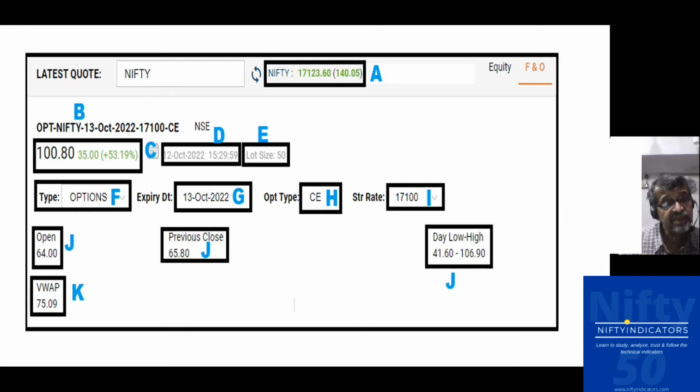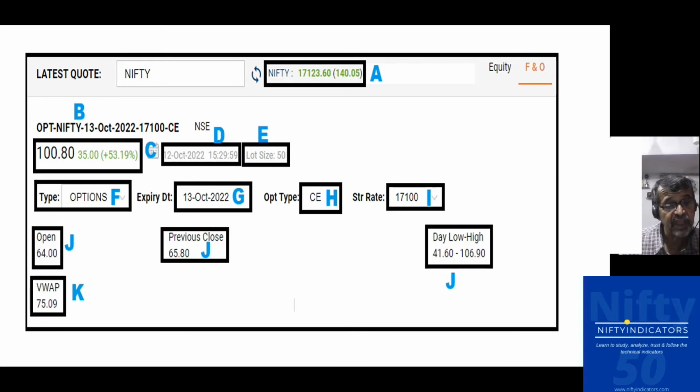C is giving the last traded price of today, that is 12th October 2022. D gives the timestamp, date and time, 12th October 2022, 15:29, that is 3:29 p.m., 3:30 p.m. E gives lot size of Nifty options or Nifty futures is 50.